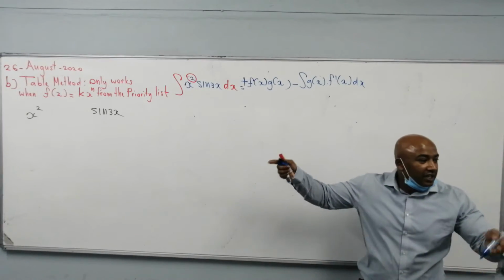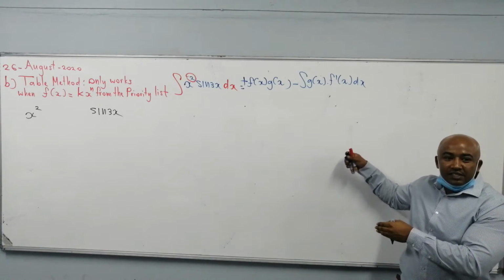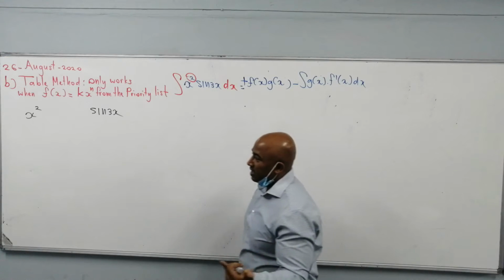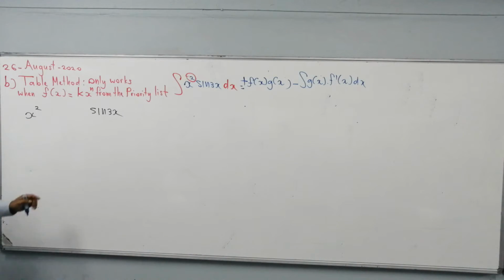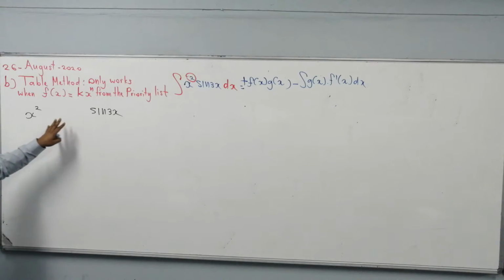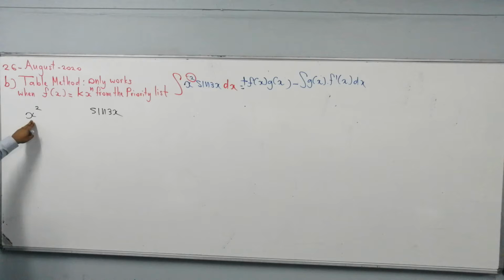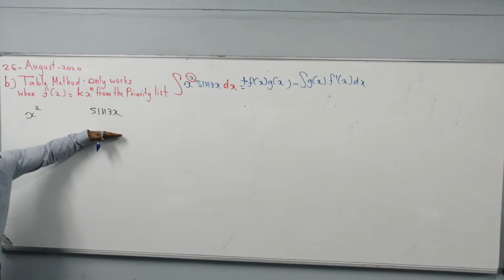Then when we use the formula again, we got another positive f of x, g of x minus g of x f prime x. So you might wonder, why am I talking about the sign? Watch what's going to happen here. Now, this is my f of x, this is my g prime x. So my f of x, I'm going to differentiate, I'm going to leave a space. In your book, you leave a line here.